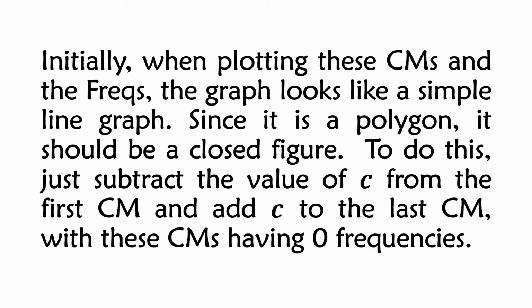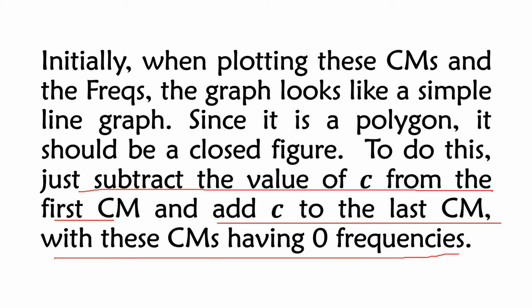Initially, when plotting these class marks and the frequencies, the graph looks like a simple line graph. Since it is a polygon, it should be a closed figure. To do this, just subtract the value of C from the first class mark and add C to the last class mark, with these class marks having 0 frequencies.